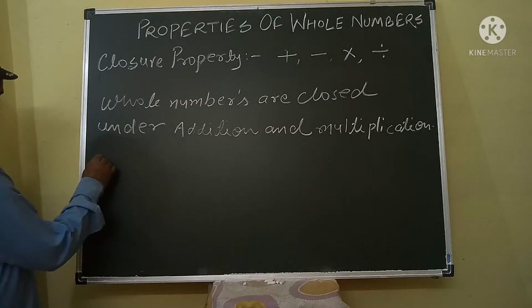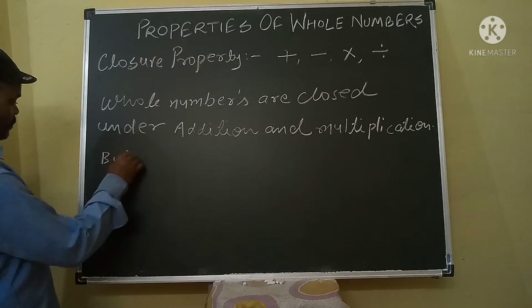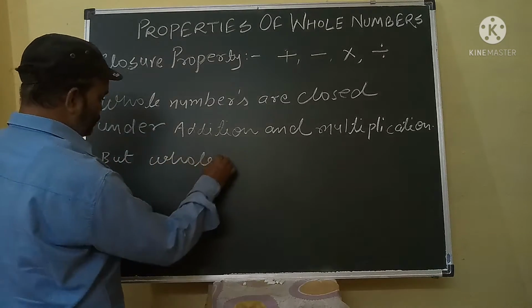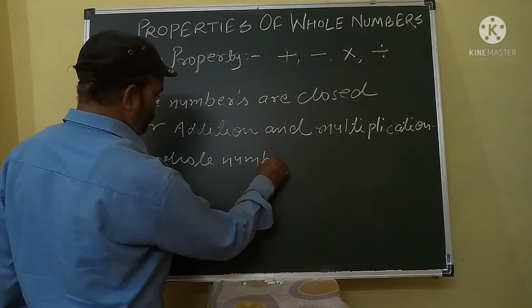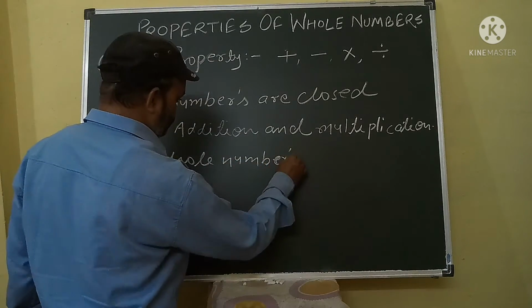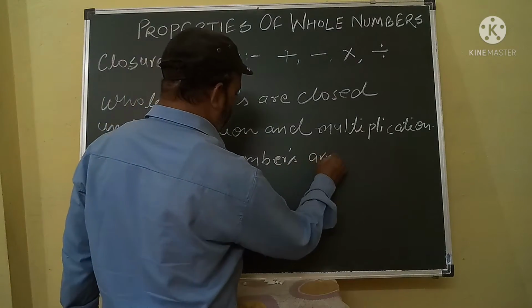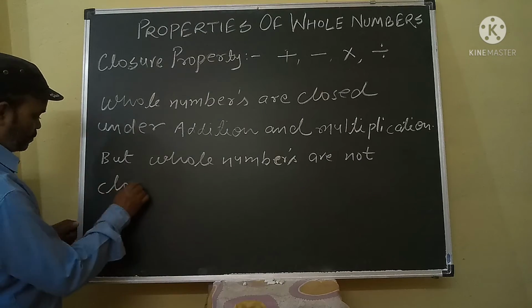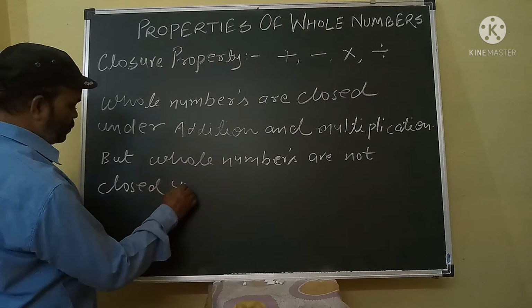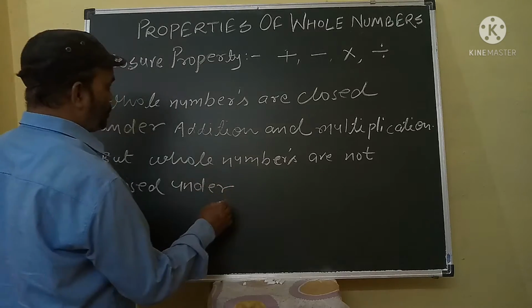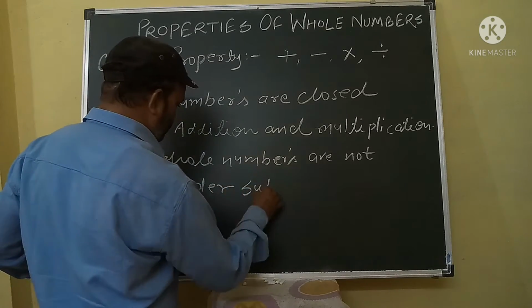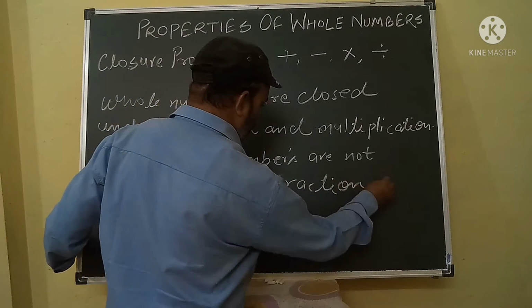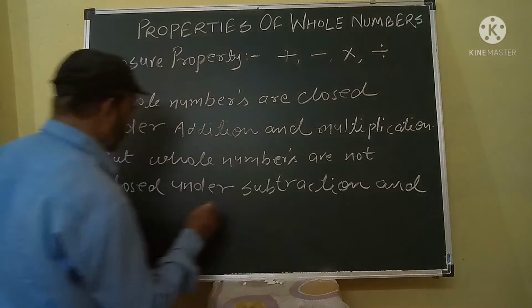But whole numbers are not closed under subtraction and division.